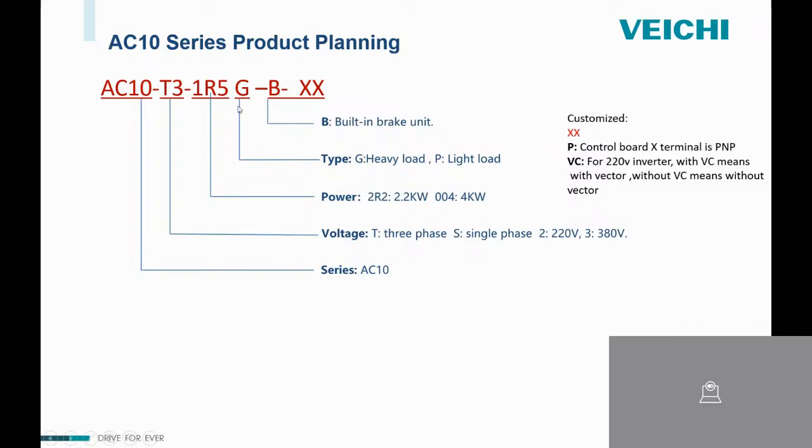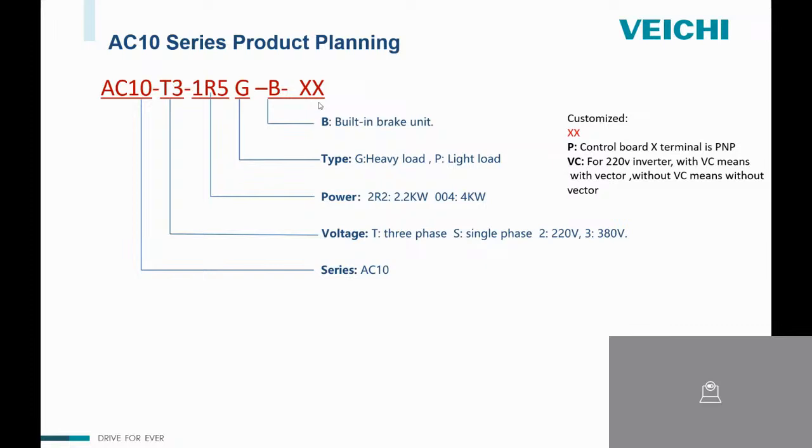And G means load type, so G means heavy load, P means light load. Currently our AC10 series just has G type. We do not have any P type. And B means built-in brake unit. And XX here is for customize. Our AC10 series, all of the VFDs are currently NPN type.